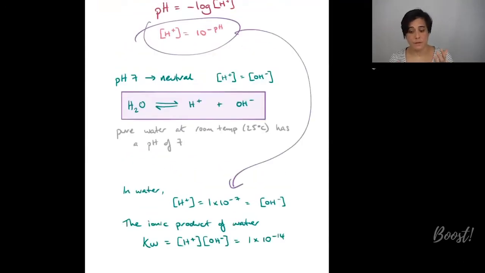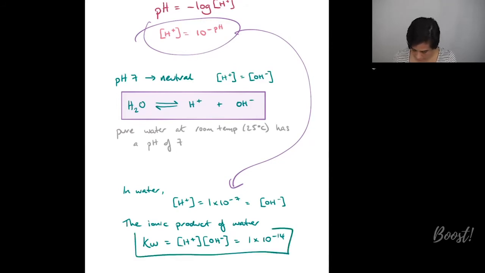And as we said, H+ ion concentration and OH- concentration will be equal at room temperature for water, and therefore at room temperature we can have a new constant which we call the ionic product of water, Kw.